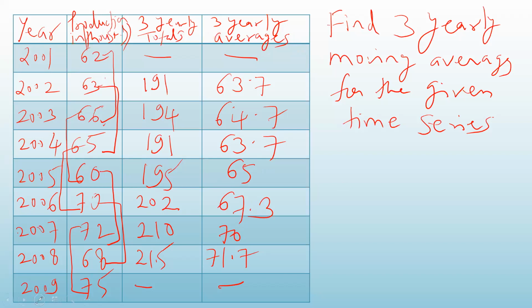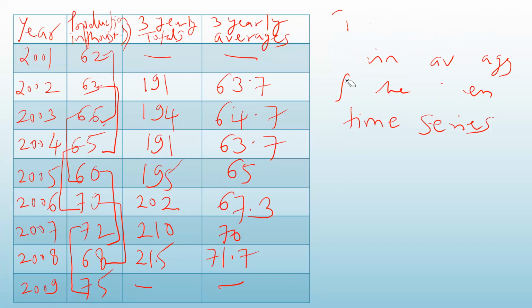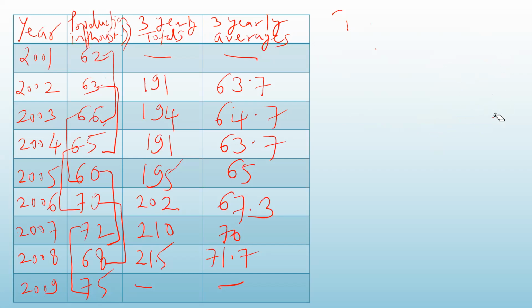So plot the graph of the original time series and the moving averages.